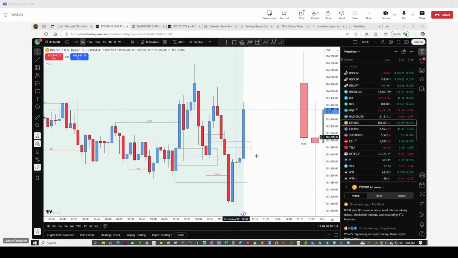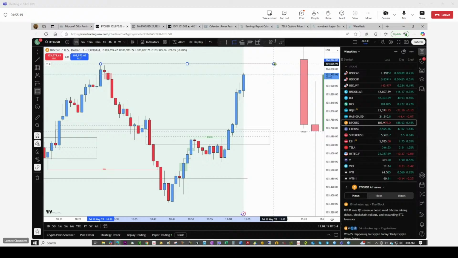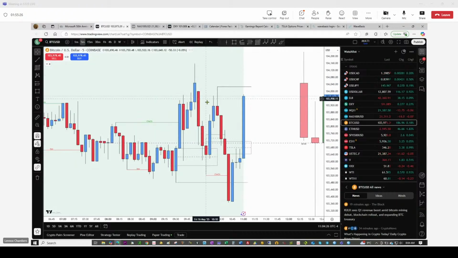So we can still come down again and take out this low on Bitcoin, but now it's a bit tenuous because this high is in jeopardy. If we break this high, then everything changes again. They can break the high even just with a wick. It looks like they want to. It's still valid for them to break that with a wick. You don't want to see them do it, but they can do that. So it's very tricky. This is what makes this stuff hard.